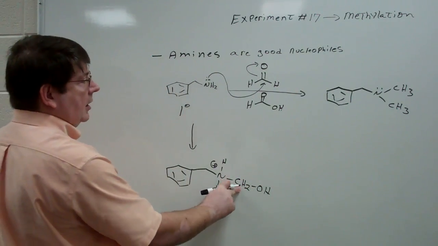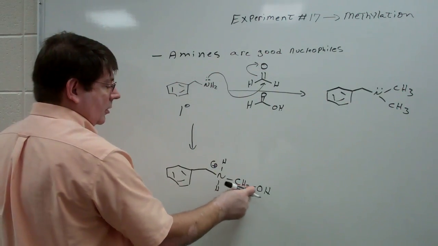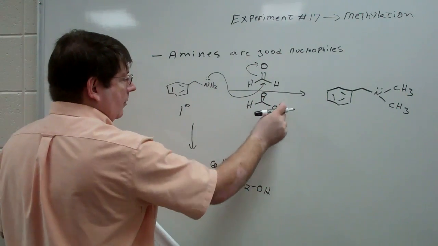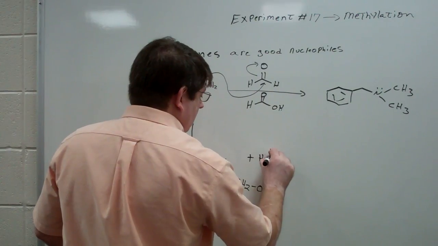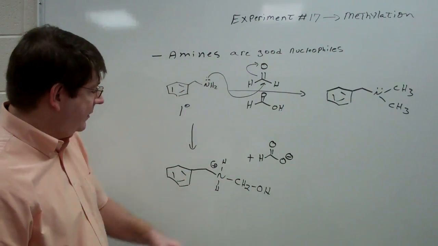So this carbon right here came from the carbon of the formaldehyde. These two hydrogens are the two hydrogens on the carbon, the oxygen from the formaldehyde, and this hydrogen came from the formic acid. And so that gave us formate, if you will. So this is what we have at this point.